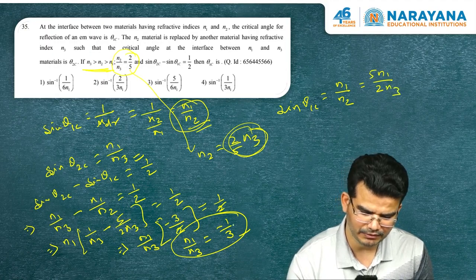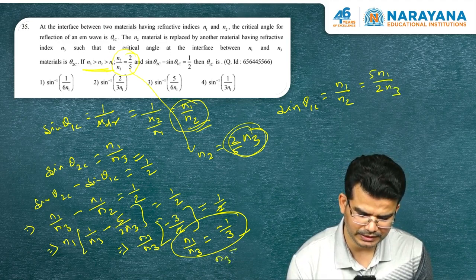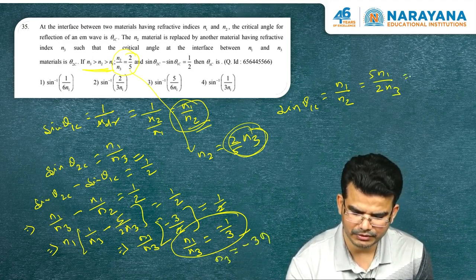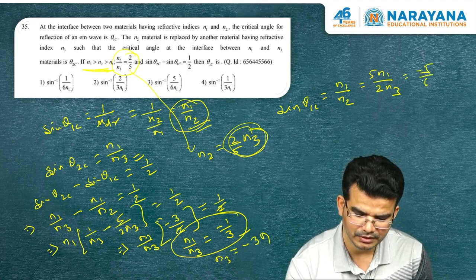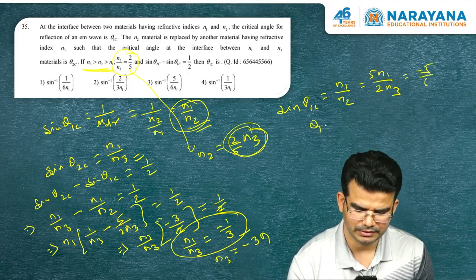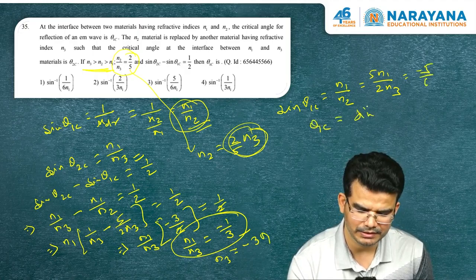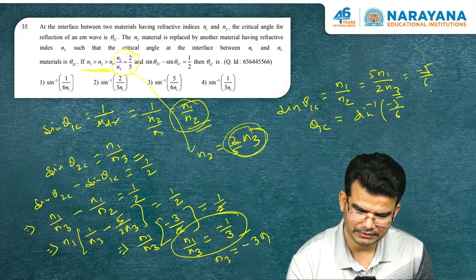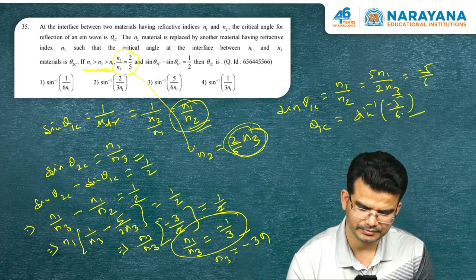And n3 we have got how much? From here you can see n3 equal to minus 3 n1. So, this is minus 5 by 6. So, theta 1c is sin inverse of minus 5 by 6, something like this.